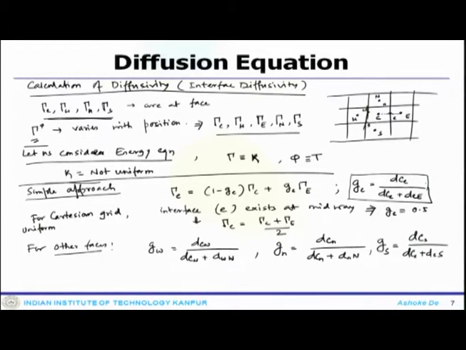Similarly for the other faces: the distance between the center C and the west face, and from the west face to W center, will get you the coefficient of GW. When you consider the north element, it goes from C to the north face to N, and that will get you the interpolation coefficient for the north.